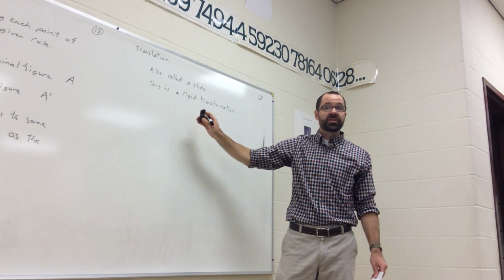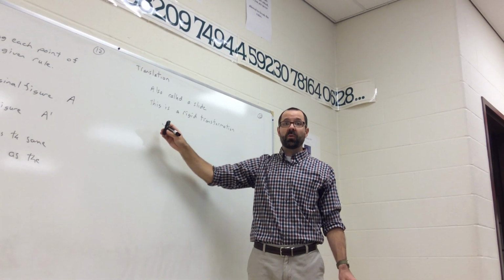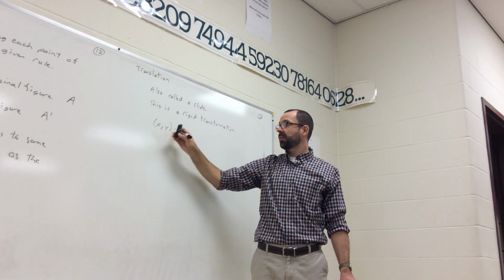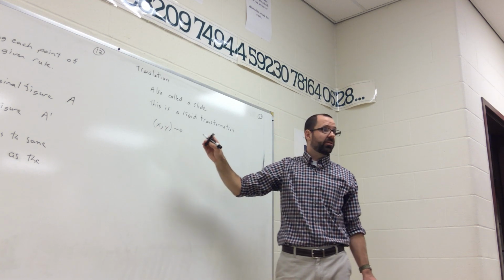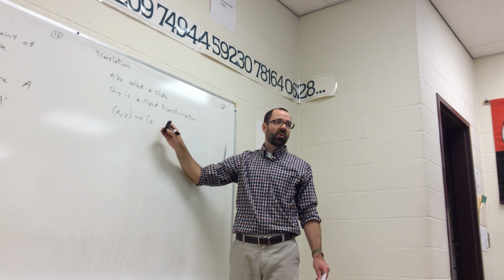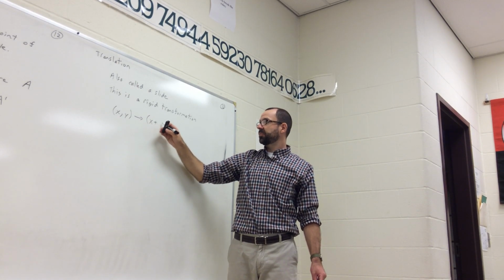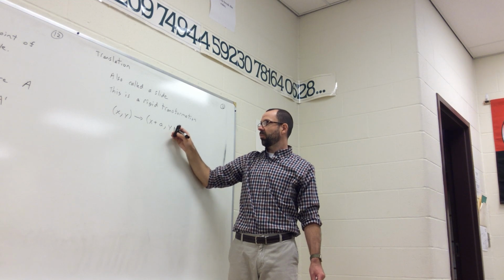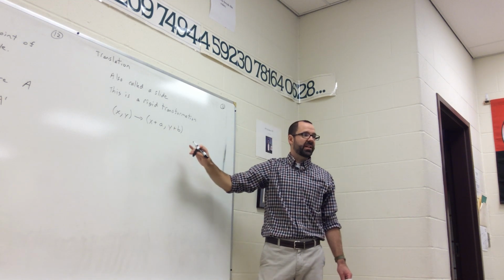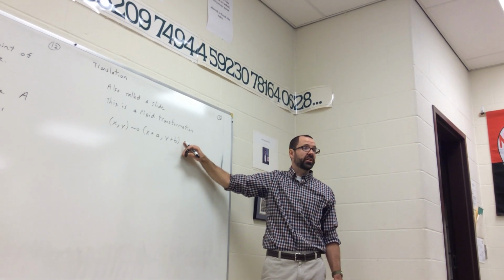And the way you could tell it was a translation is there was a rule that went with it. The rule looked like this: x comma y, and then an arrow, and then it said something like x plus 4. So x plus a, comma, y plus b. Whenever you have a translation, this is the kind of rule that you're going to have.